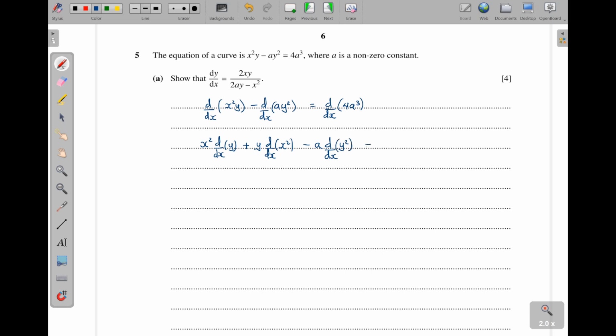Then automatically this one will give us 0 because it is a constant. They said a is a non-zero constant, so multiplied with the 4, I have a constant there. Now, because y is a variable, when I'm differentiating any function in y, let's say y squared with respect to x, I first differentiate y squared with respect to y, then multiply by dy/dx.